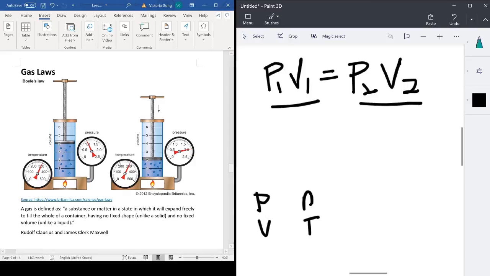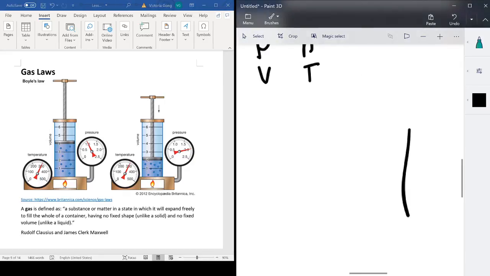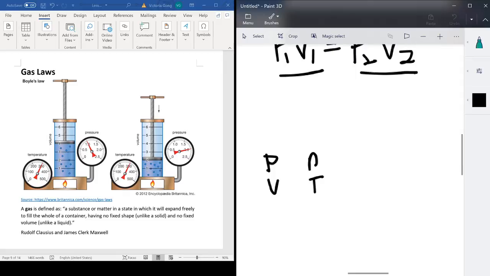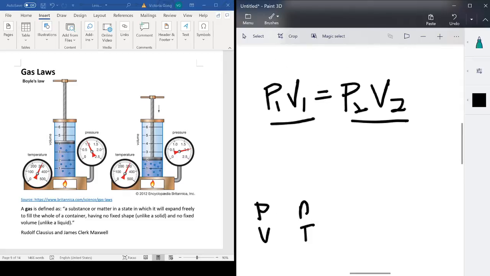So let's look at the first volume, the one on the left, it seems to be at the 4 marking, and the pressure is at 1, which I'm assuming is atmospheres. And in the second, on the right, the volume is at 2 and the pressure is at 2. So if this is true, then their product should be the same.